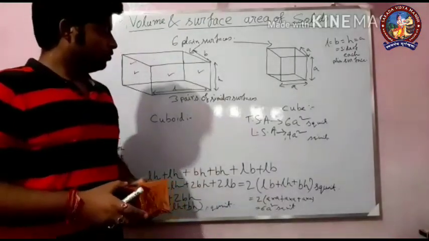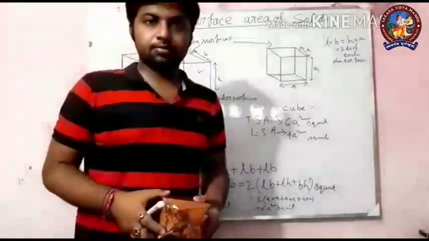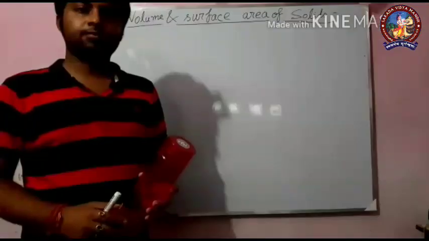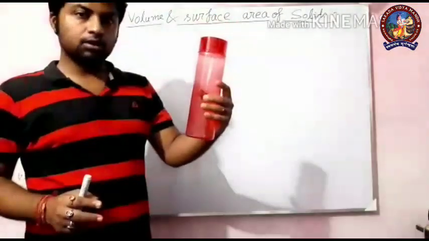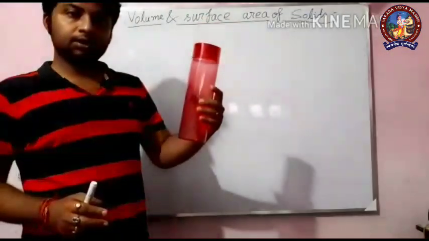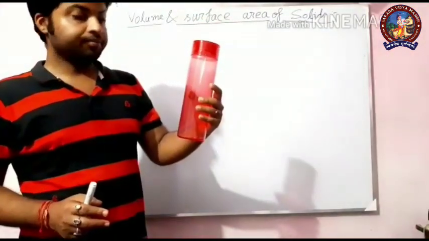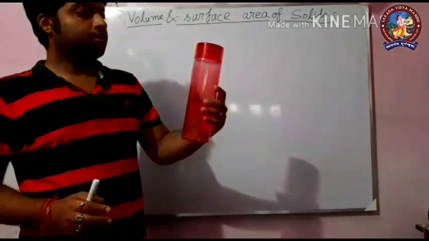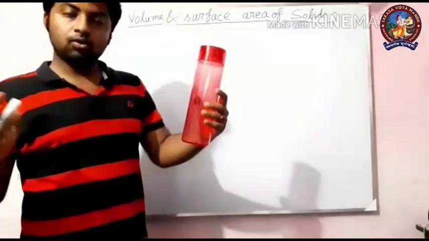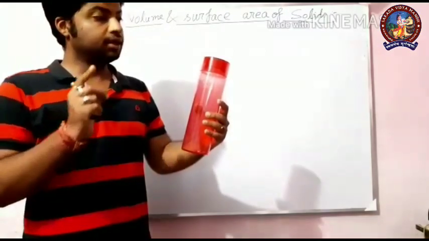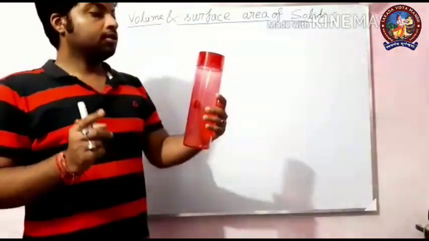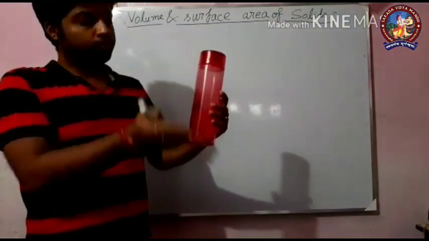Now I will move to the cylinder. See, this is a cylindrical bottle. The shape of the bottle is cylindrical, right? Here, it is not like the cube and cuboids. All the surfaces of cube and cuboids were plane surfaces. But here, we have 2 plane surfaces.